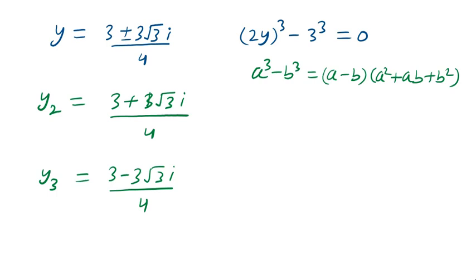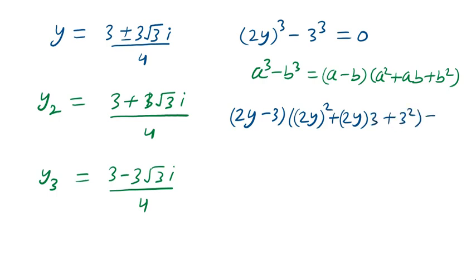According to this rule, we can write the left hand side as 2 times y minus 3 multiplied by (2 times y) whole square plus 2 times y multiplied by 3 plus 3 square, is equal to 0.